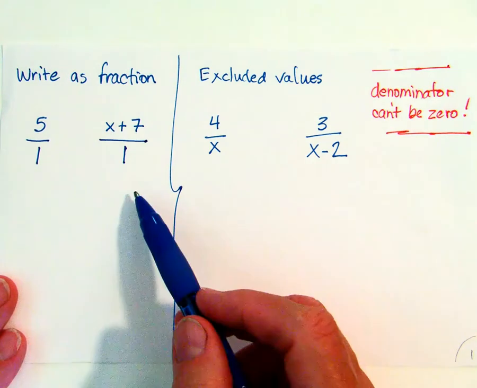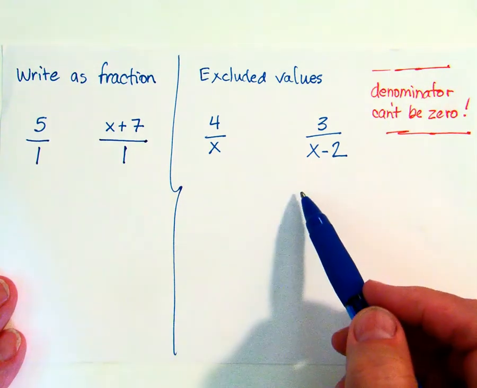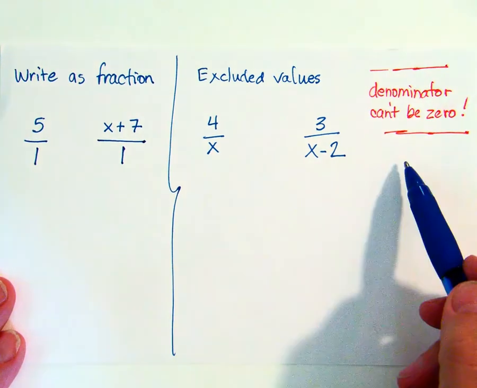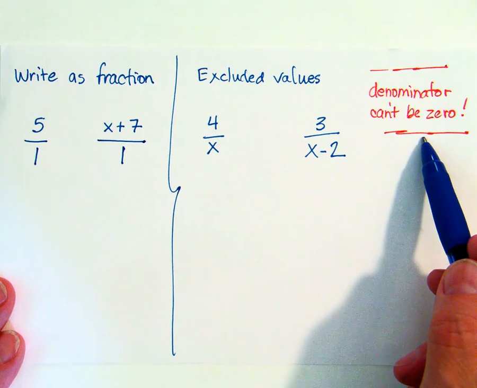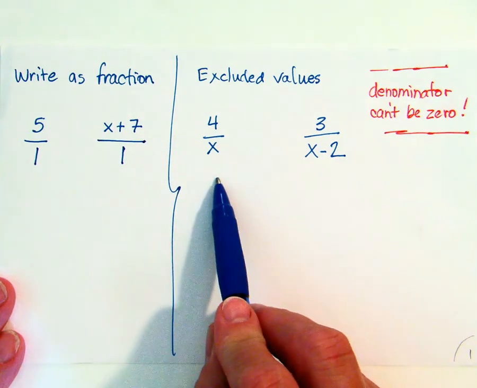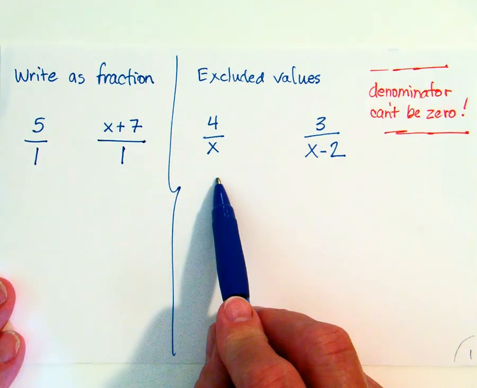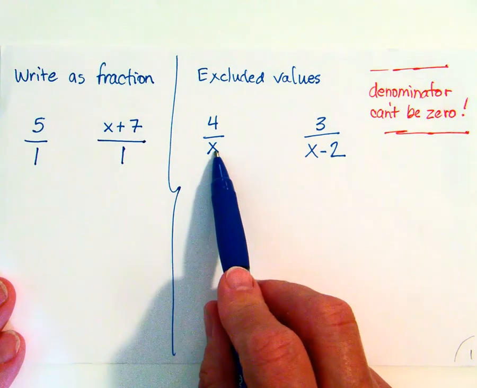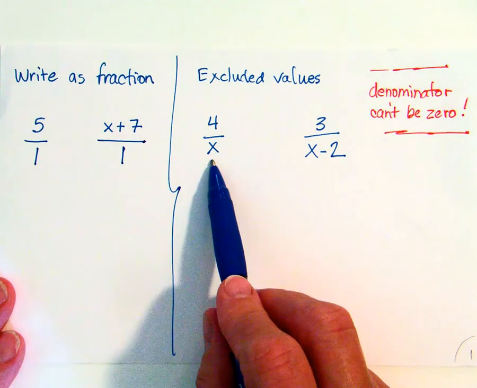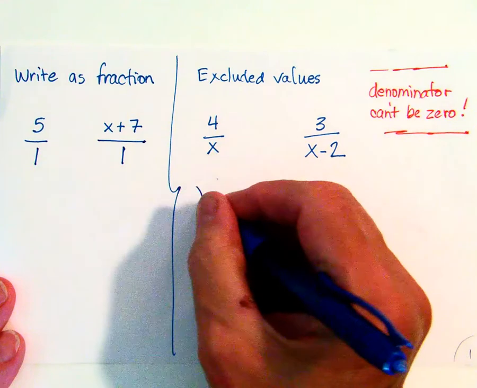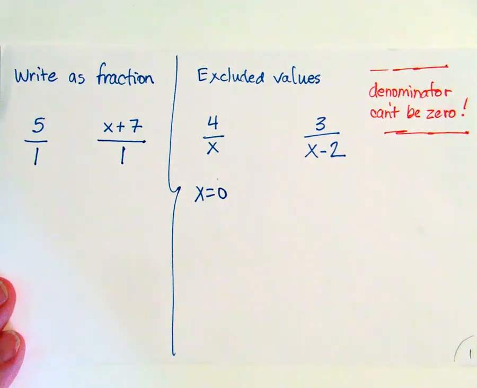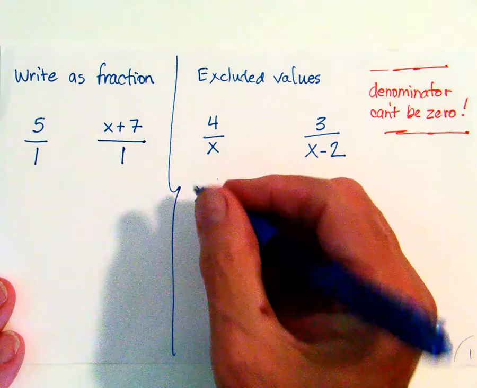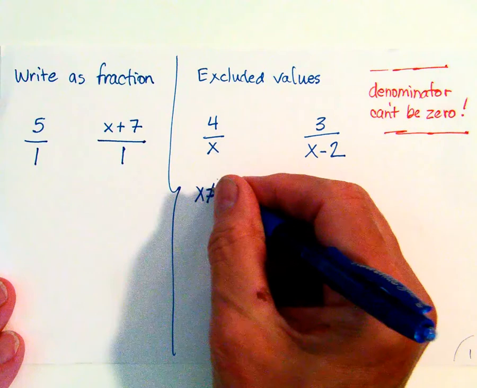Okay, this is easy. We start getting just a little bit more complicated when we understand that the denominator cannot be 0. So anytime there's a variable in the denominator, we've got to go, wait, that can't be 0. This one's pretty easy. It's just x in the denominator, so we know that x itself cannot be 0. That is the excluded value. X cannot equal 0.